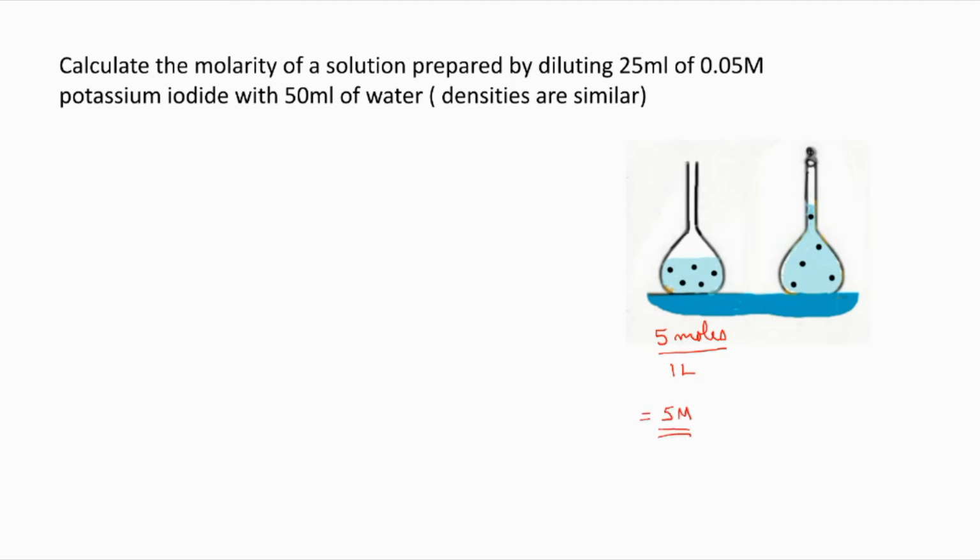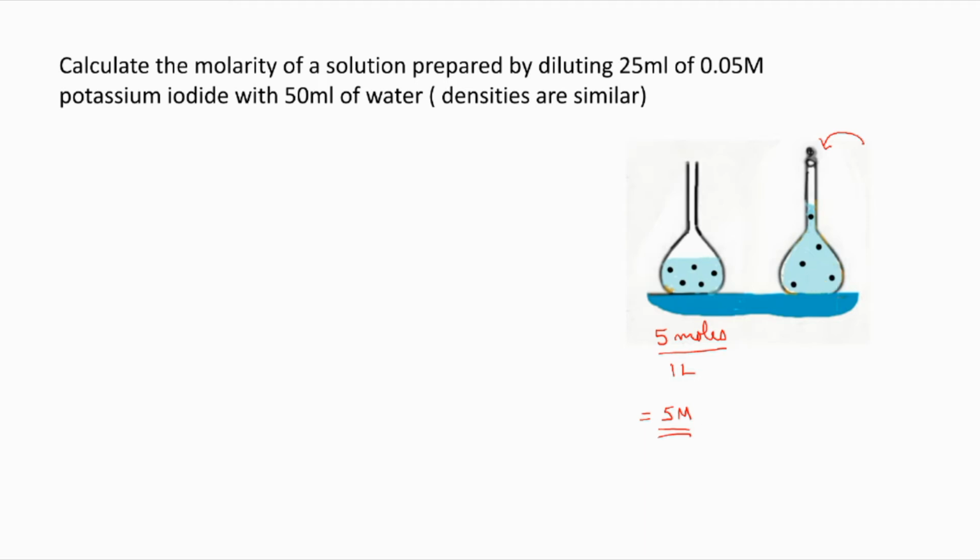After that, I am adding some amount of water into that, 1 more liter of water. Can you observe the picture and tell me, is there any change in number of moles of the substance? No, because we are adding only some amount of extra water. The number of moles of the solute before dilution and after dilution will remain the same.